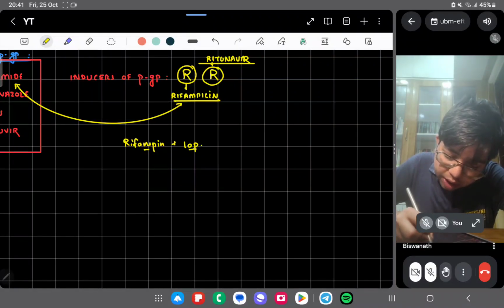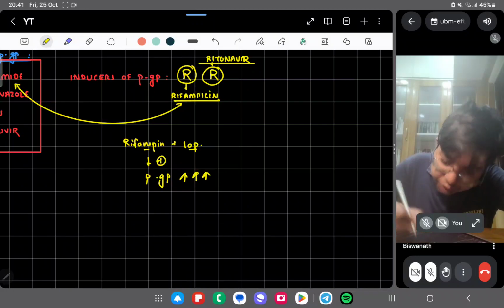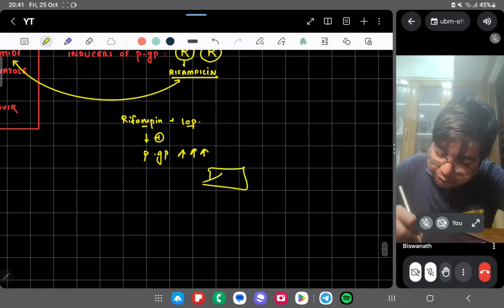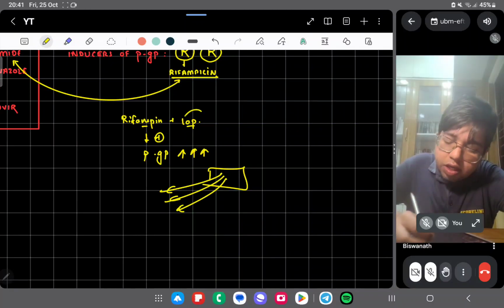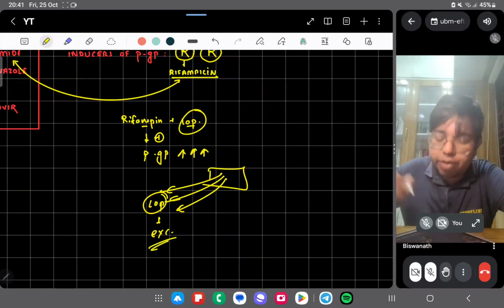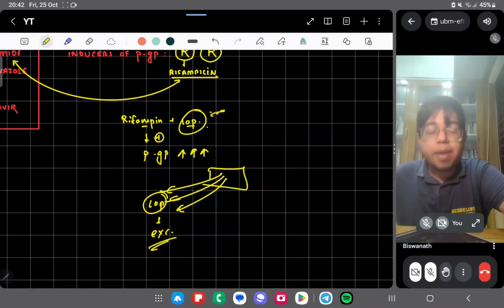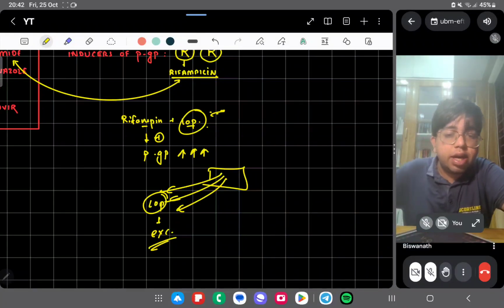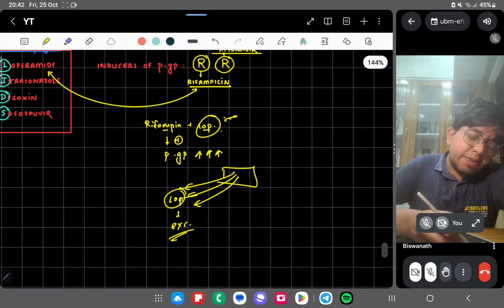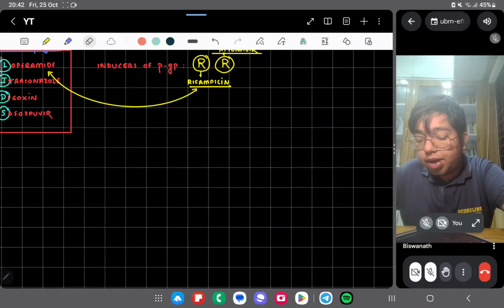Rifampicin is the inducer, so it induces PGP. Induces PGP means PGP will work more, it will efflux the drug out. So loperamide will be effluxed out, loperamide will be excreted. So this will show failure. So rifampicin plus loperamide is contraindicated, right? Very conceptual. If you don't know about P glycoprotein, you can't explain this. If you know, you can explain.